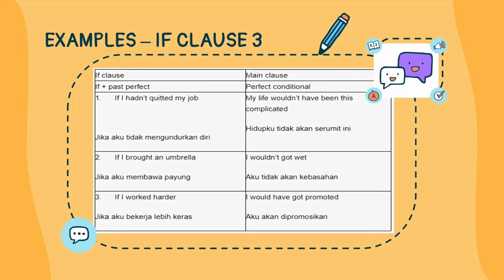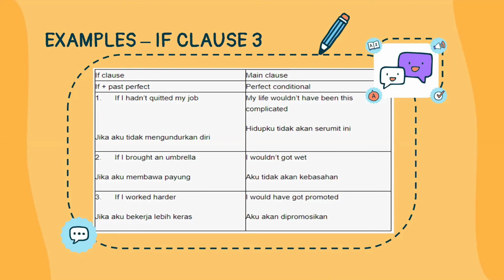Pak, could you repeat that? We couldn't hear, Pak. Okay, so the example of if type 3. There are differences between example number 1 and number 2 and number 3.